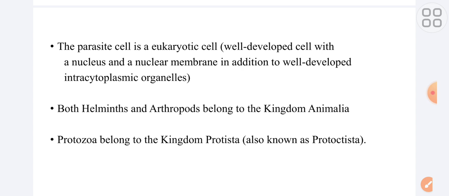Both helminths and arthropods belong to the kingdom Animalia. They are animals. But the protozoa belong to the kingdom Protista. They are not animals.